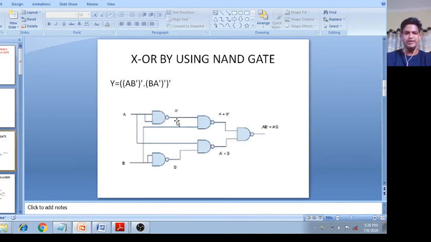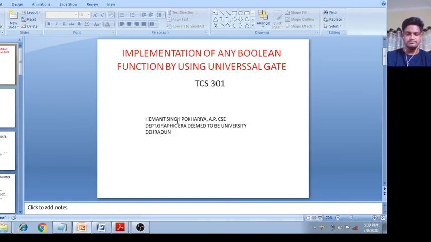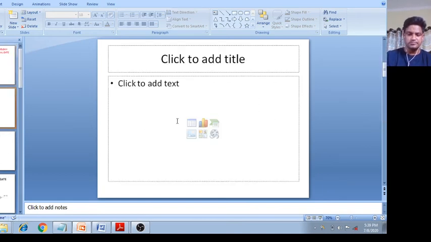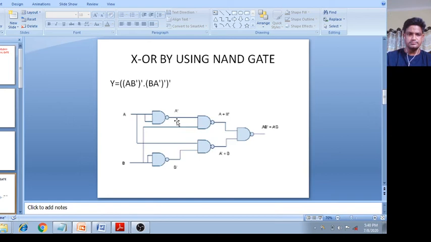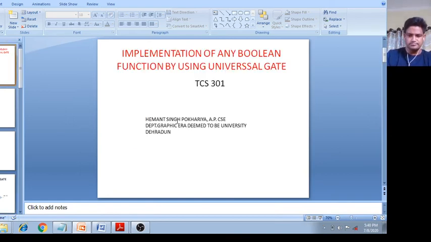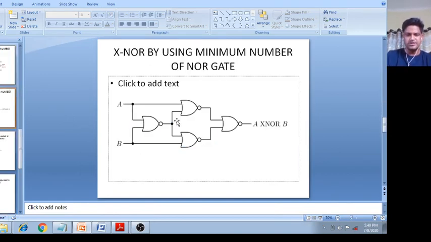What you need to do, just this is your circuit. You know what is the dual of XOR gate? Dual of XOR is XNOR, so replace XOR by XNOR. And what is the dual of NAND gate?